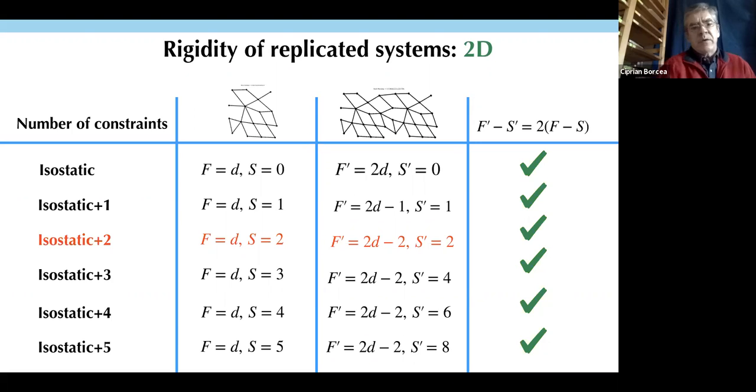And it's obvious that the deformations may increase because you have relaxed the constraints.